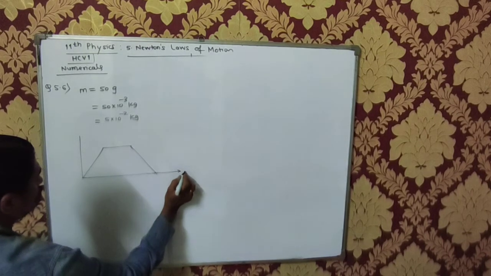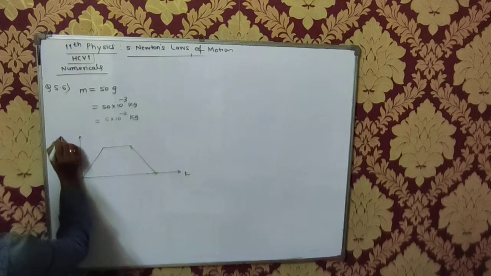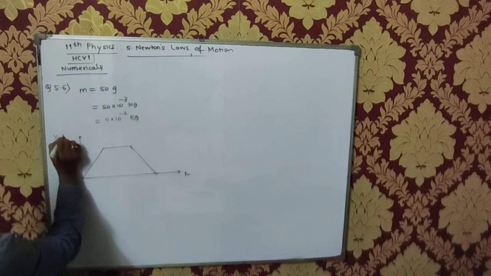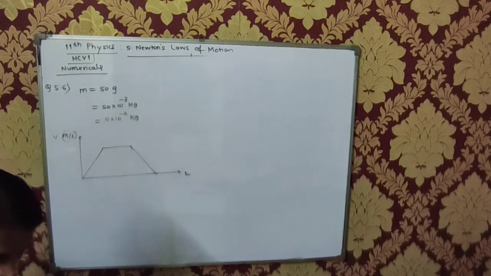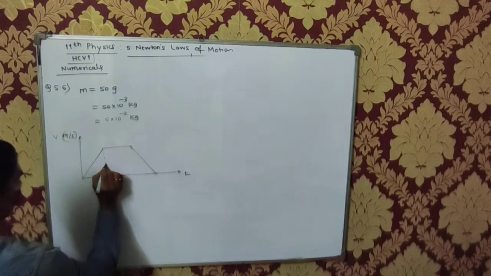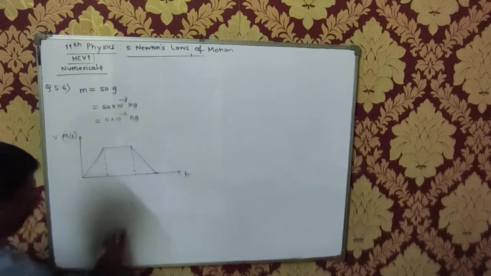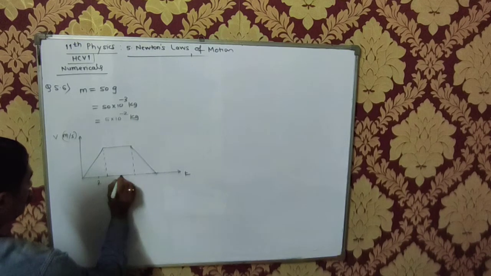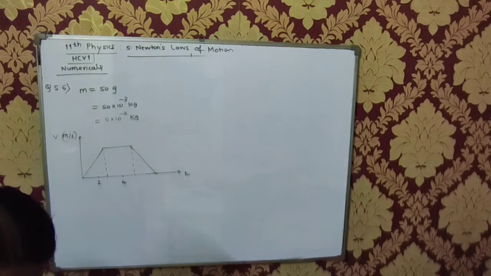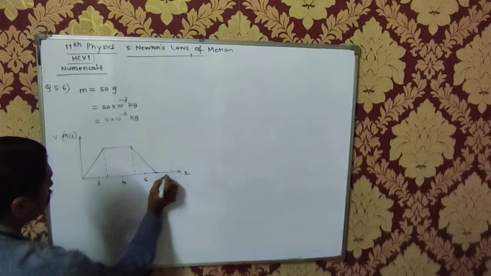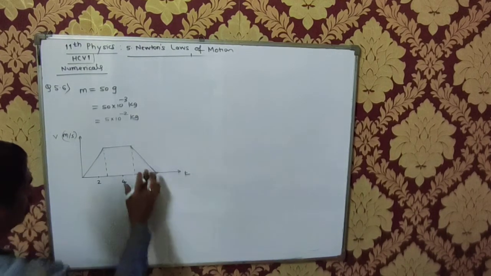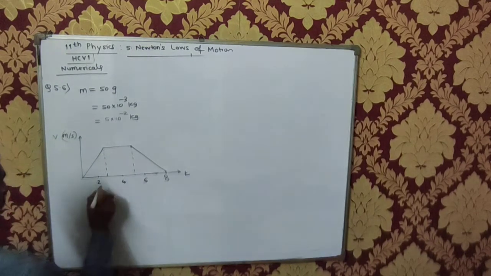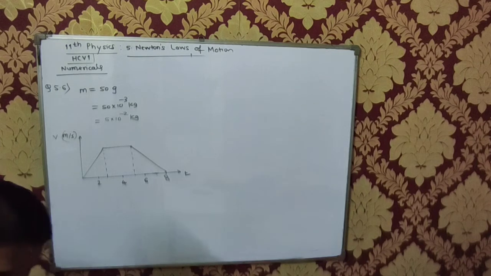This is the particle. Time and the velocity is given there. 2, 4, 6. 5, 10, 15.